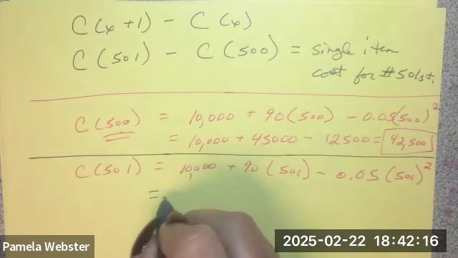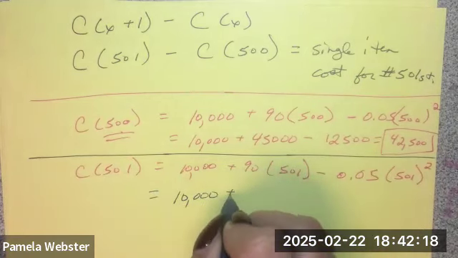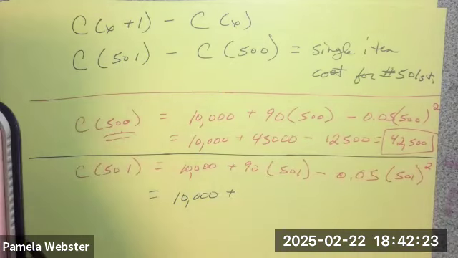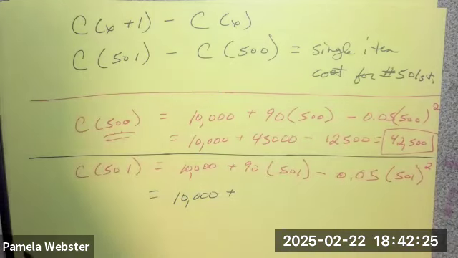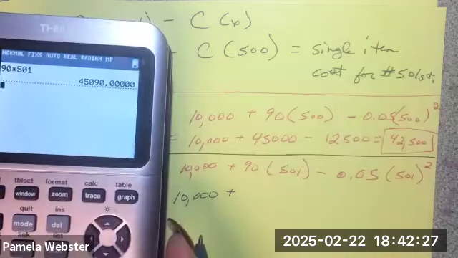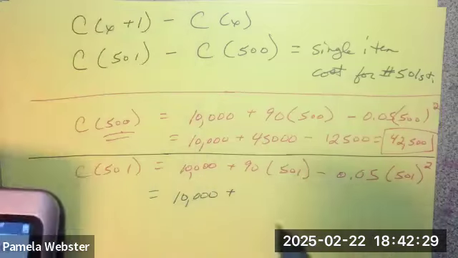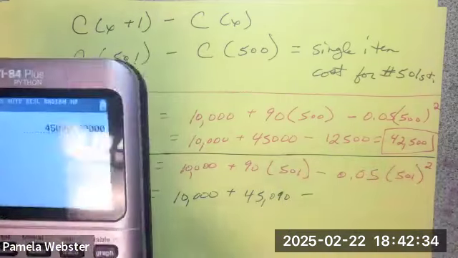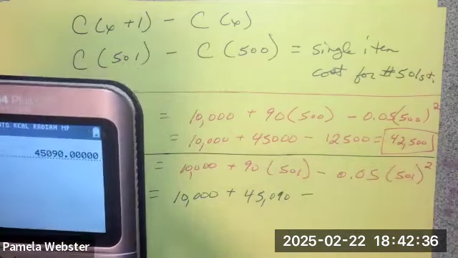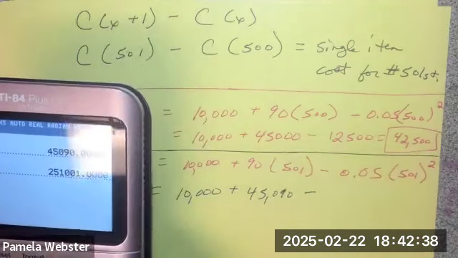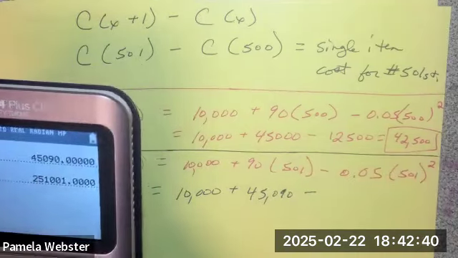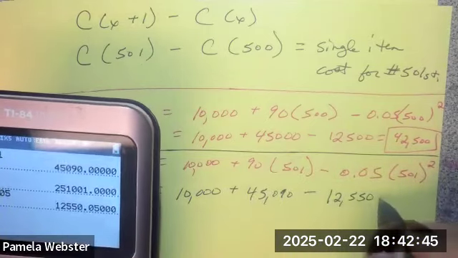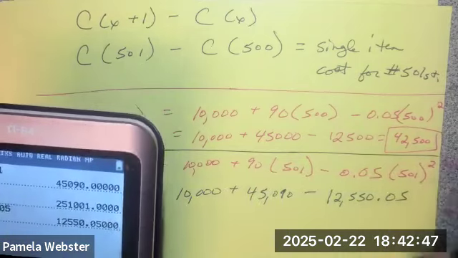So I'm going to have to do a little calculator work again. 90 times 501 is 45,090, minus 501 squared times 0.05, which is 12,550.05.